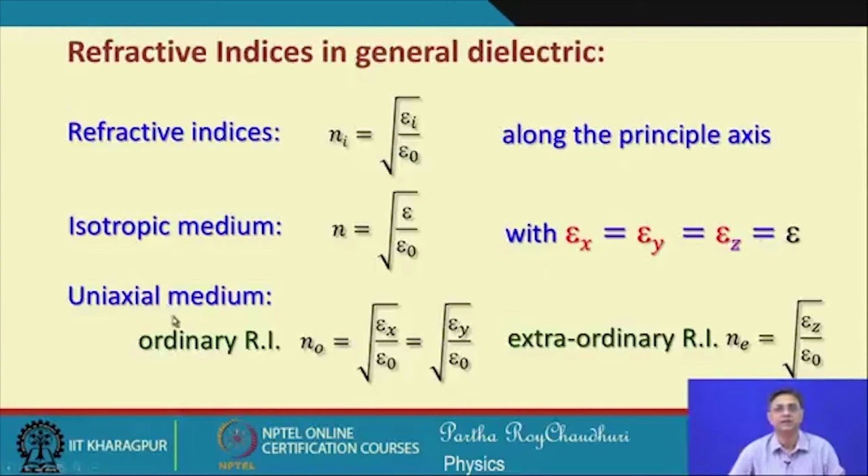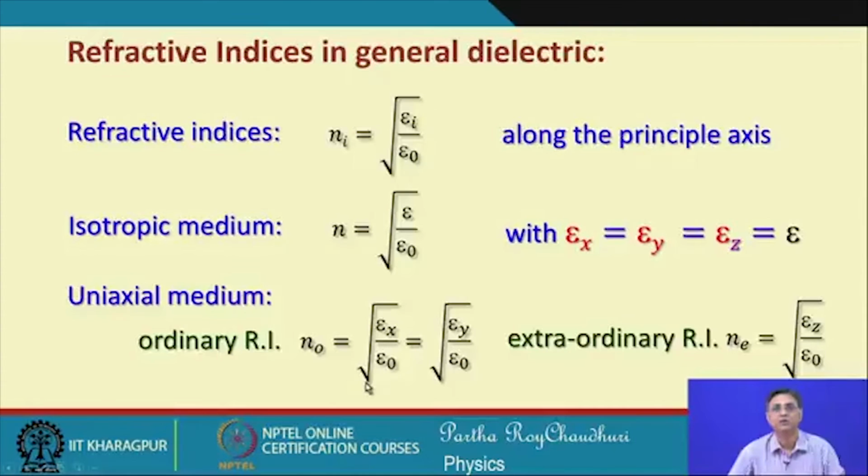For a uniaxial medium, however, there will be one value for which along two directions the refractive indices or the permittivity seen will be identical, whereas this quantity will be different for the third direction.